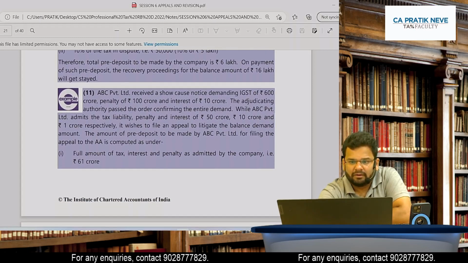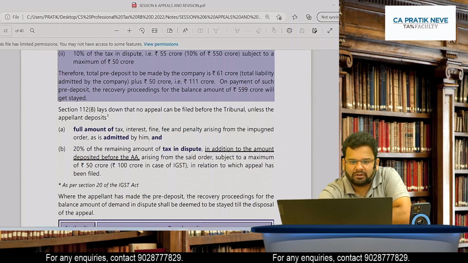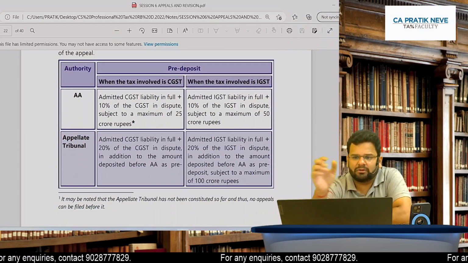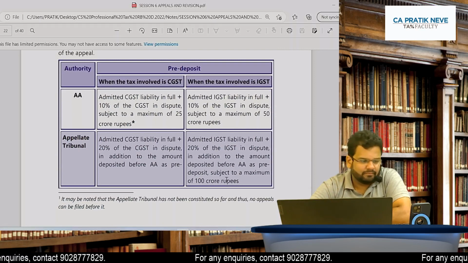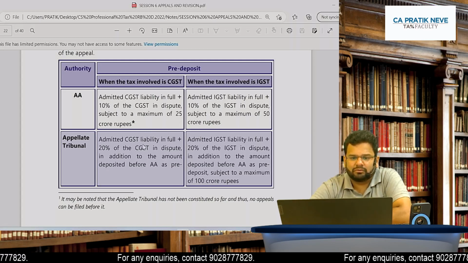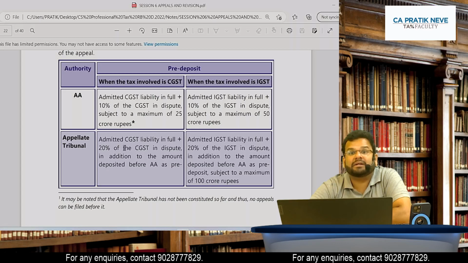Check what else is being said. Also the complete issue about the appellate tribunal.